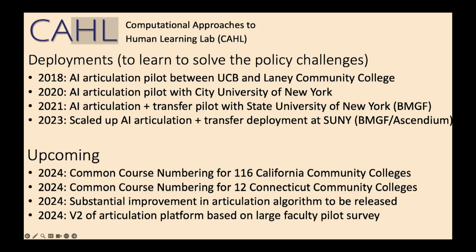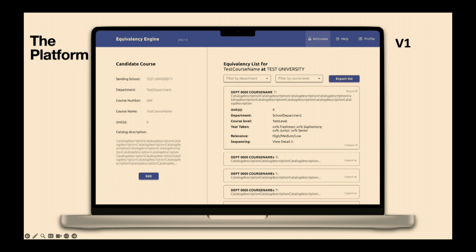So in 2014, we're partnering with the California Community College system, the Connecticut system. We've been working with the SUNY system to pilot algorithmic articulation in the various ways that they process those articulations and credit equivalencies, and hopefully come up with something generalizable that can be a nationwide tool of utility.